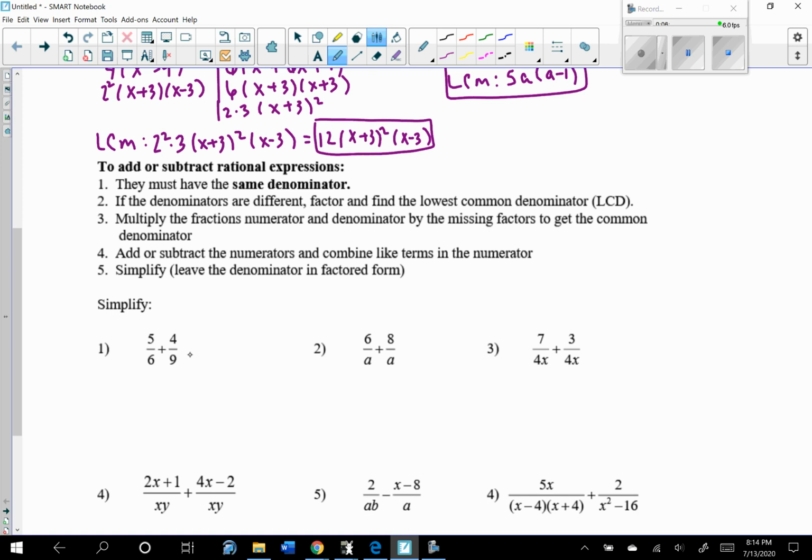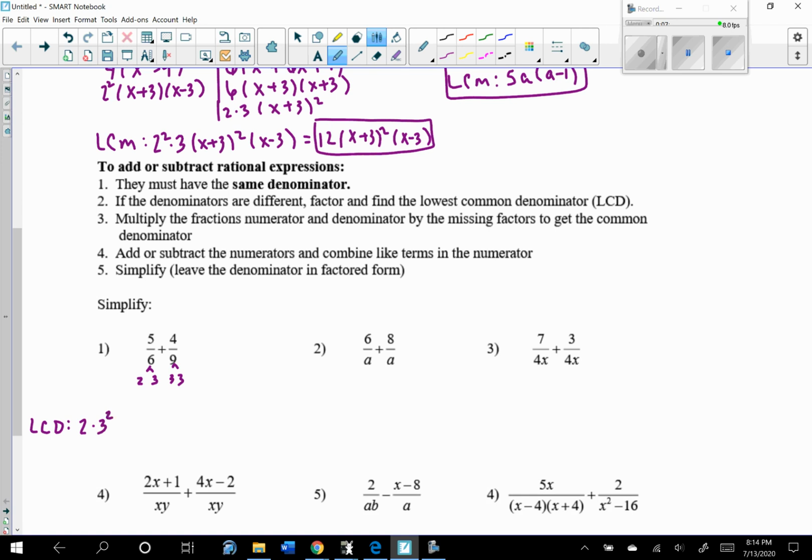So let's go ahead and look at what we've done in the past. We've done problems like this in grade school. If I want to add these together, I need a common denominator. So we're going to go ahead and break these down. This breaks down into 2 times 3, and this breaks down into 3 times 3. So that means my least common denominator would be 2, and then if we have one 3 here and two 3s here, what's the greatest number of times it appears in either?